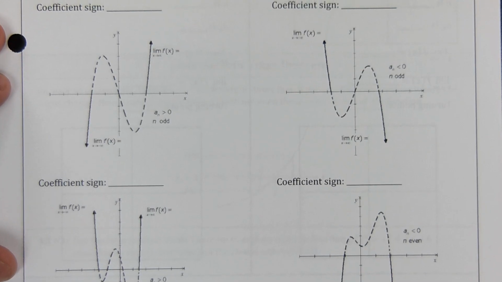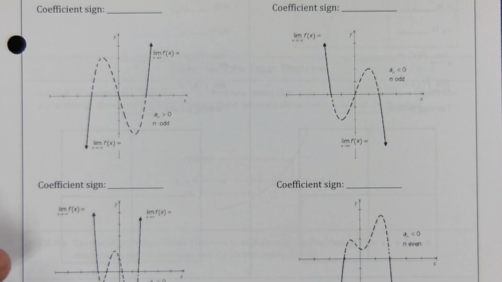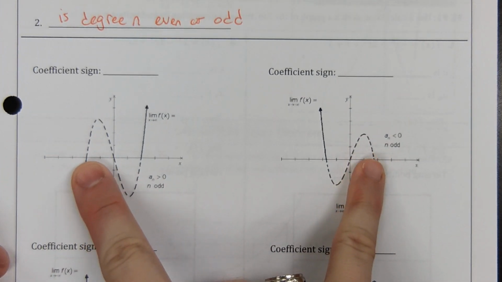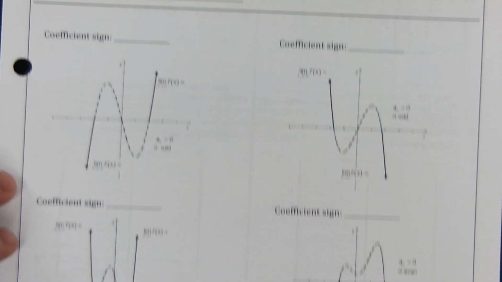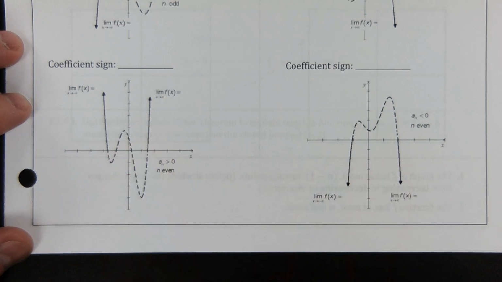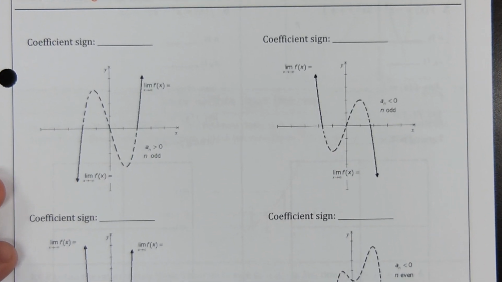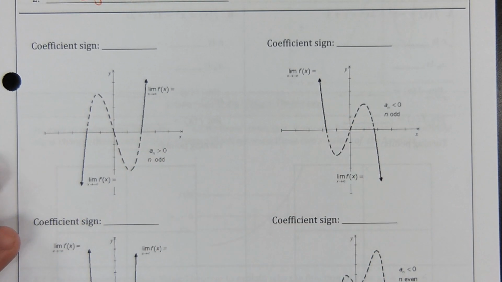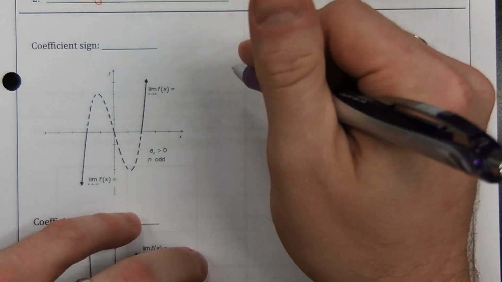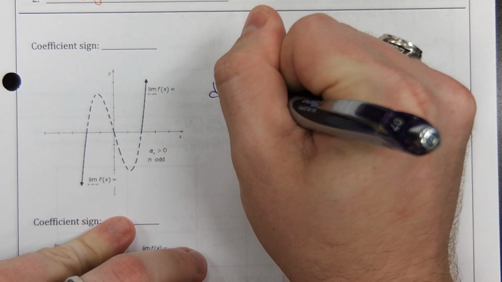There are four pictures here. The reason why is that with these two, the endings point different directions, and with these two, the endings point the same direction. As it turns out, if your endings point different directions, this is an odd degree polynomial.